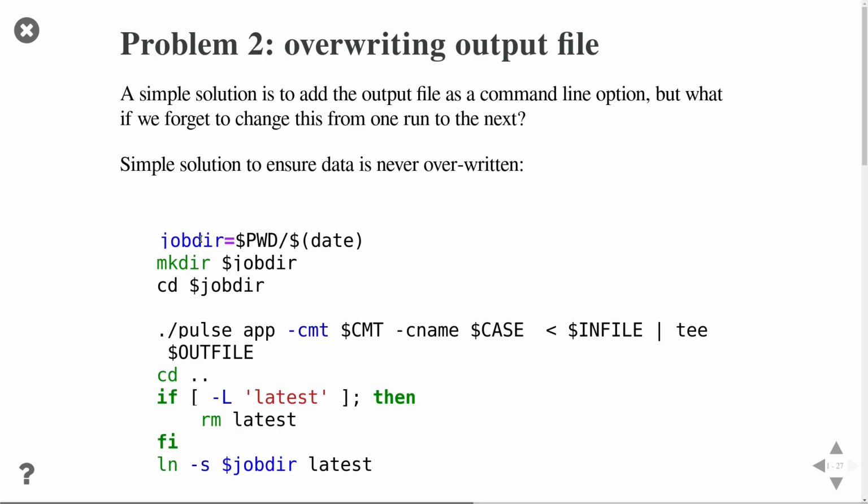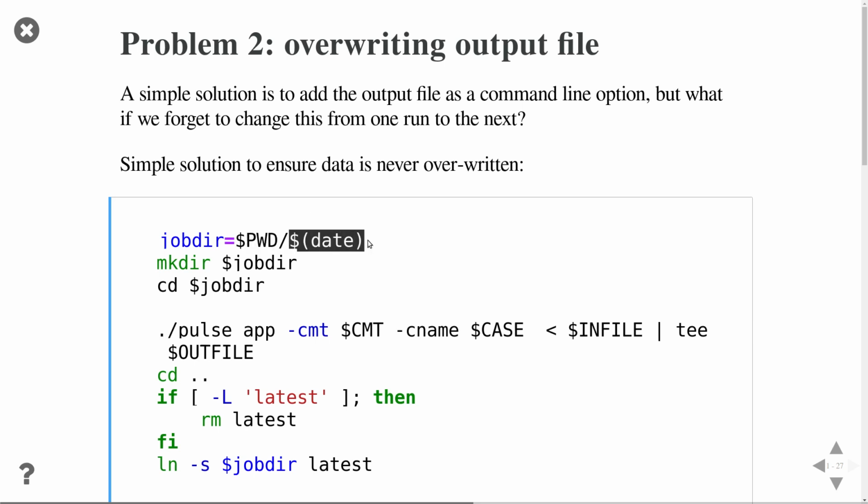And at least that gives some kind of certainty that we are not overwriting the data multiple times. So the way we do that is we create a directory here that is in my current directory. So this $PWD is just a variable that contains the current directory in which you are.